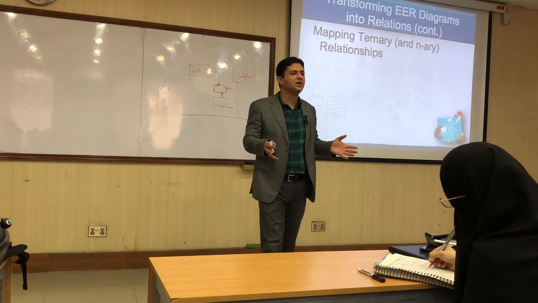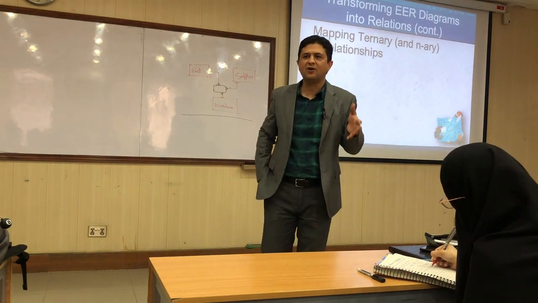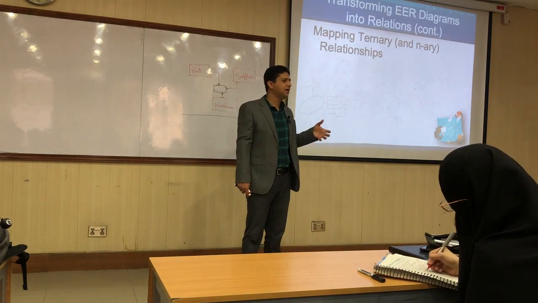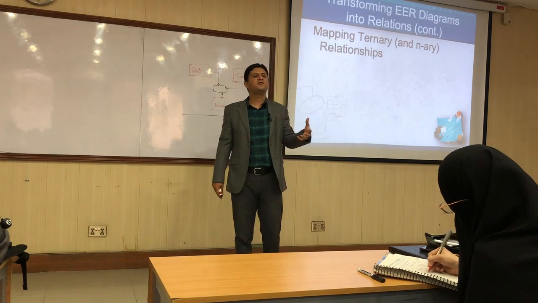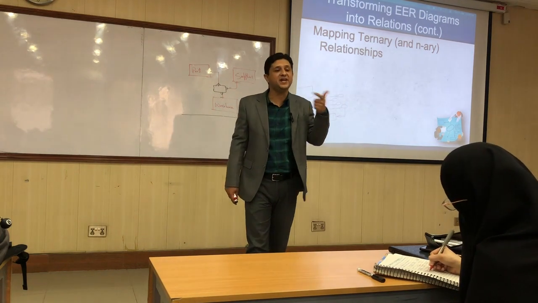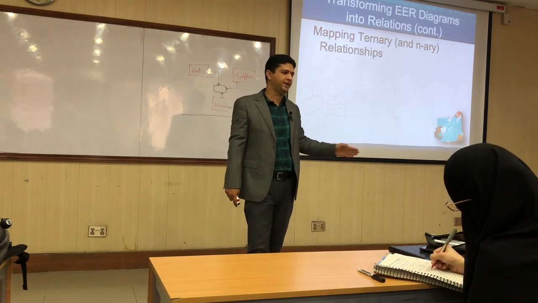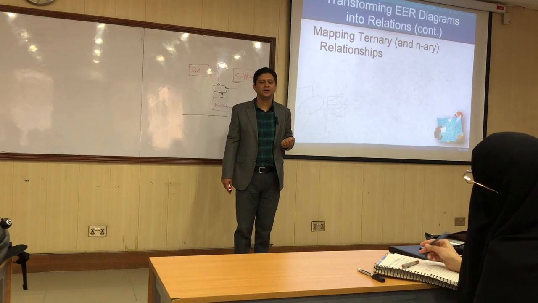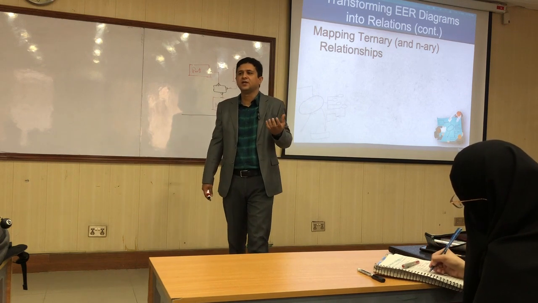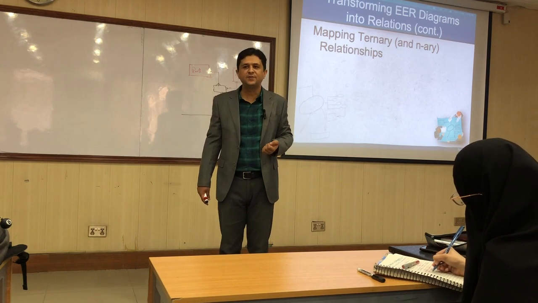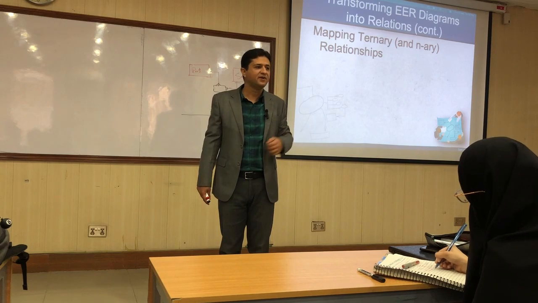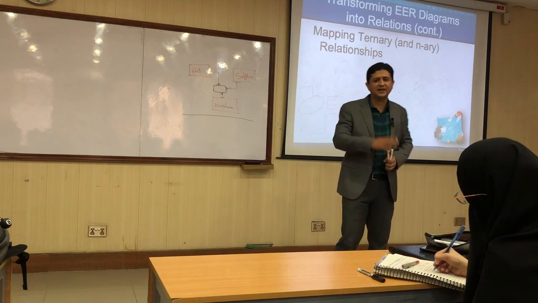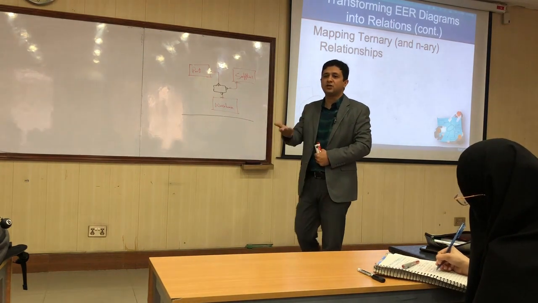So overall, if we have a degree of 3 or higher, the number of relations in the relational model would be equal to the number of participating entity types plus 1. Similarly, for example, if we have a 4 degree relationship, a relationship with 4 participating entity types, we'll have 5 relations when converting that conceptual design into the logical structure.